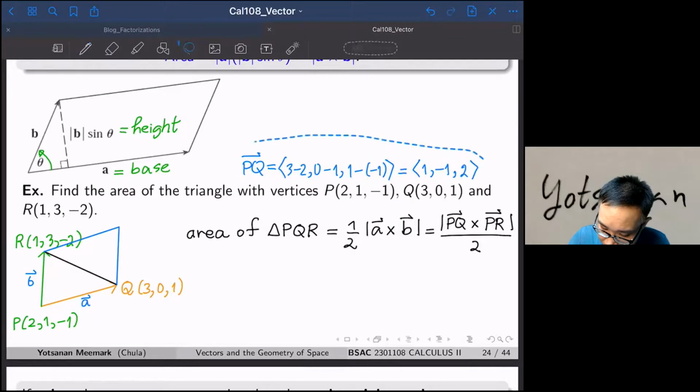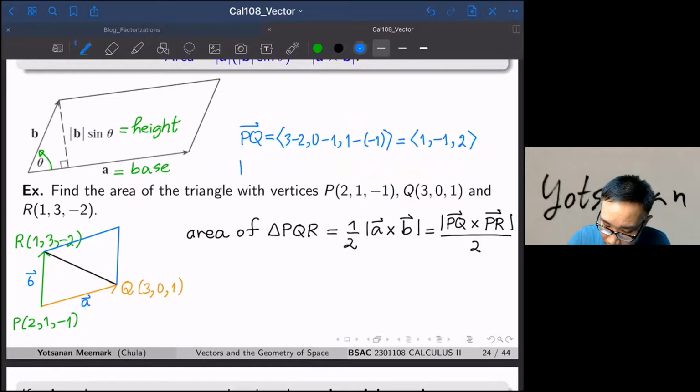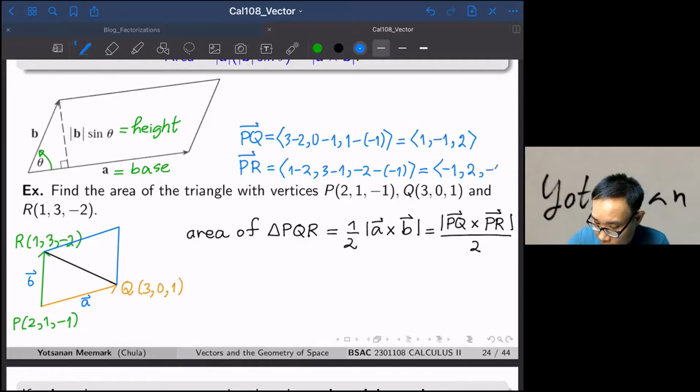And you have your PR: 1 minus 2, 3 minus 1, and negative 2 minus 1. So it's going to be negative 1, 2, and negative 3.